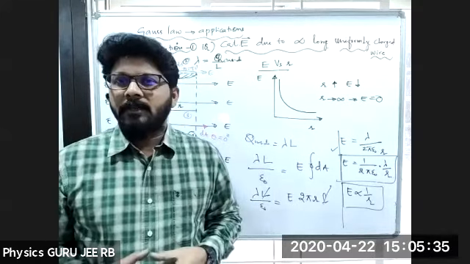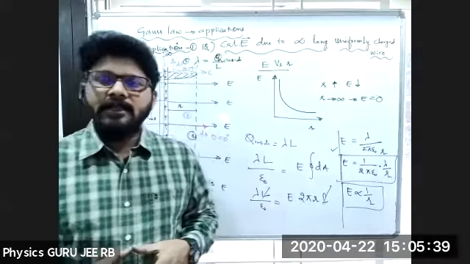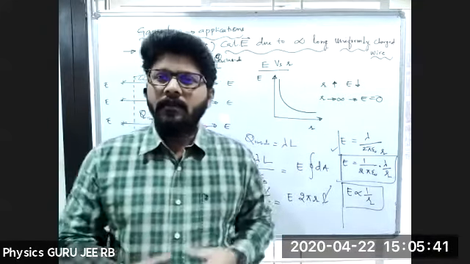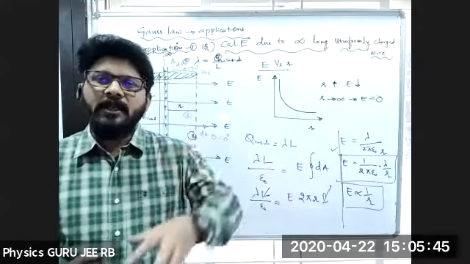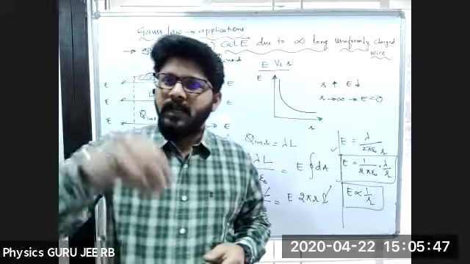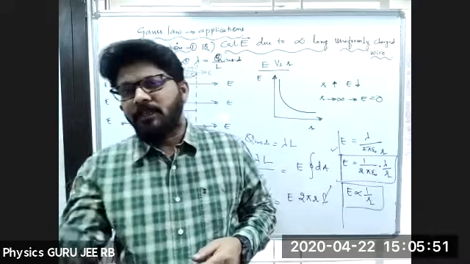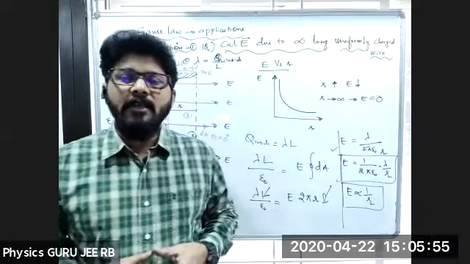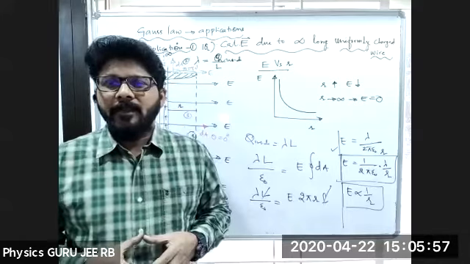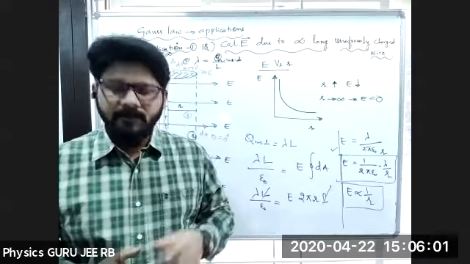Yesterday, we were discussing how to calculate the flux through closed surfaces, two-dimensional and three-dimensional, when the charge is present inside the body or outside the body, and how to calculate the flux linked with that particular surface.